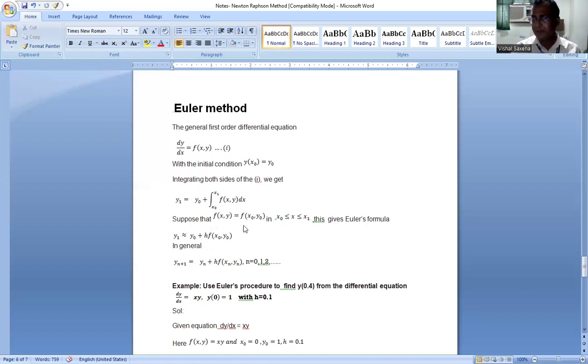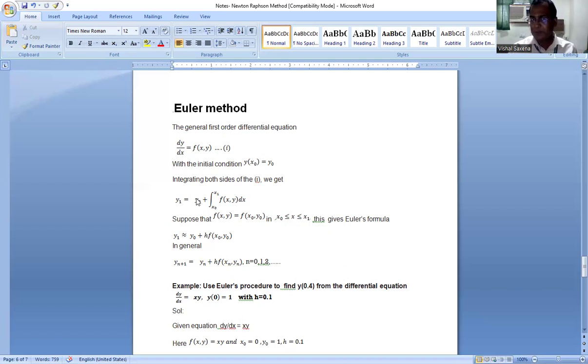Now we take our assumption. Suppose that f(x, y) equals f(x naught, y naught) in the interval where x is greater than or equal to x naught and less than or equal to x1. So our assumption is that f(x, y) is taken as f(x naught, y naught) in this interval between x naught and x1.